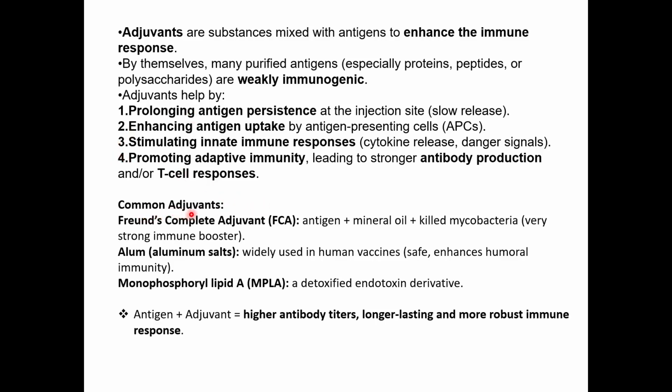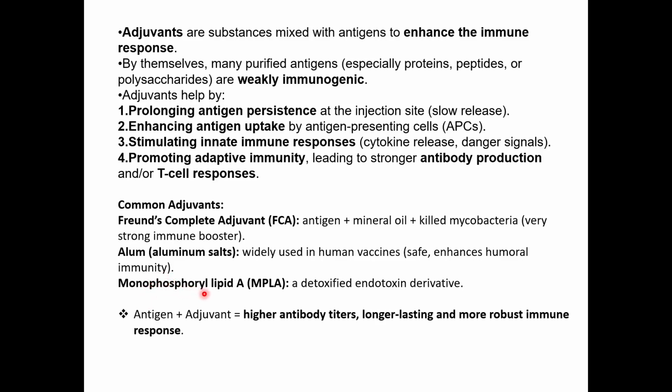response. Then some common adjuvants are Freund's complete adjuvant, very common, FCA, antigen plus mineral oil plus killed bacteria. Very strong immune booster dose. Then alum is also used. Alum is aluminum salts. So widely used in human vaccinations and safe and enhances humoral immunity.